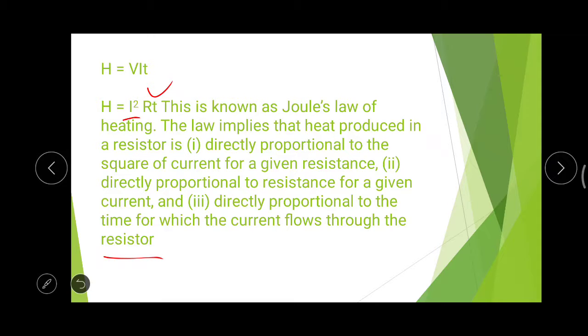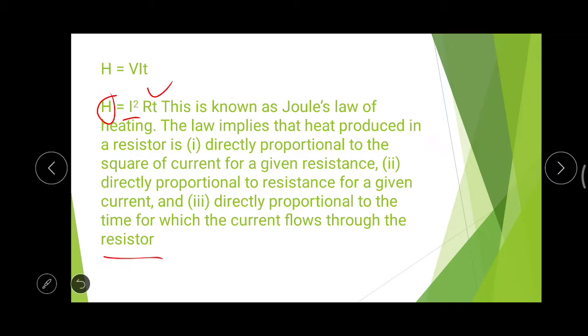And if the time increases, then the H value will also increase. So the heat energy dissipated during the passing of current through a conductor having higher resistance, at constant resistance, if the resistance value is not varying, will be directly proportional to the square of the current.